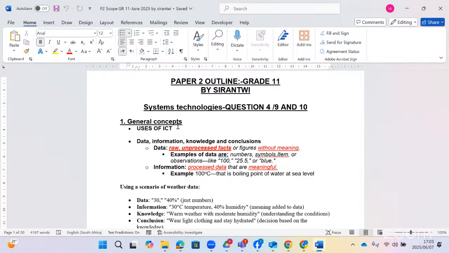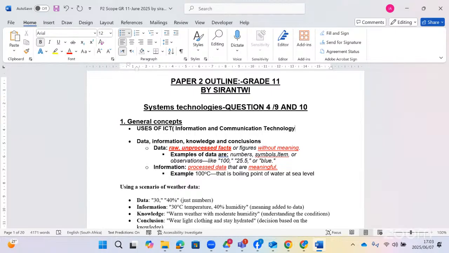So this one stands for information and communication technology. So we have information technology as well as the communication technology, two technologies put together.